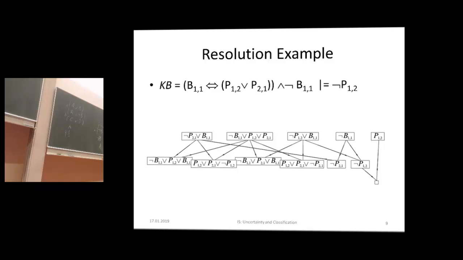If you combine this one and this one, then we have a contradiction between P12 here and not P12 here. So we can derive a new clause that has this element, not this one, but this one, and this one. So not B11, P12, and B11. So I think I've meant this one. So here we have it.